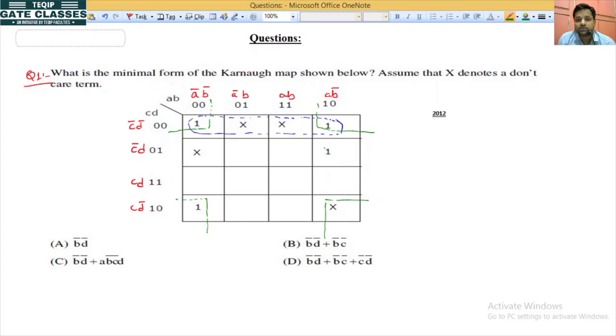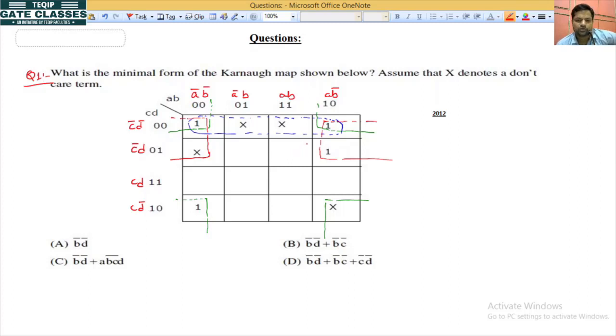Optional is what? Don't care. You can leave don't care, but you cannot leave any min term or max term. So one more group can be formed like this, this is our one more group.